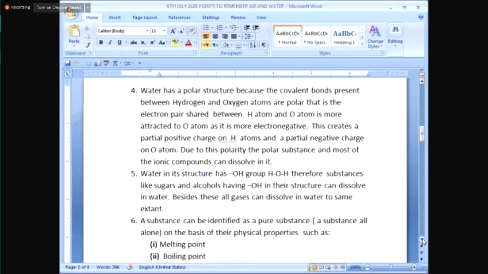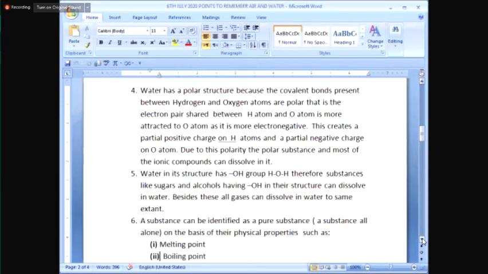Water, you know, is H2O, with covalent bonds between hydrogen and oxygen, and oxygen and hydrogen. Two covalent bonds are present in it. Oxygen is forming a covalent bond with two hydrogen atoms separately. Before you read point 4, I want to explain that when a pair of electrons shared between two atoms is not equally shared, we call that a polar covalent bond.